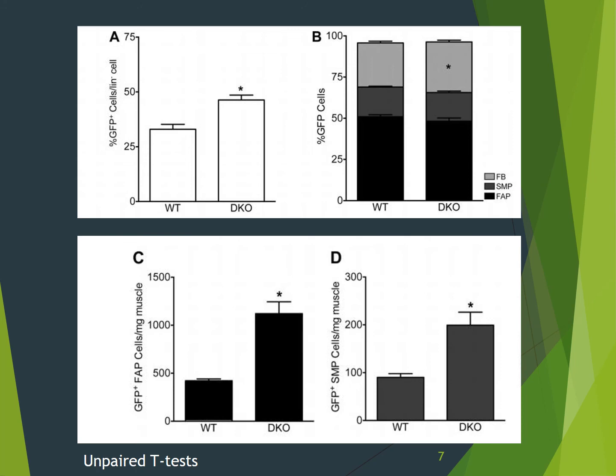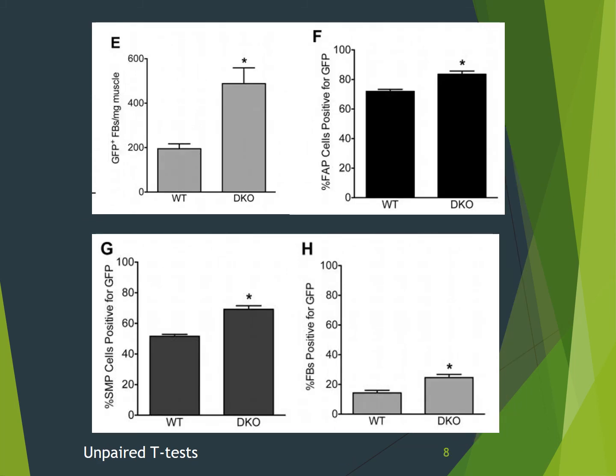Again, there was a statistical increase in the knockout mice compared to the wild type mice. Then looking at panel E, it's looking at the fibroblast GFP positive cells per milligram of muscle in the wild type and in the knockout mice. Again, there's a statistically different increase in the knockout mice compared to the wild type mice.